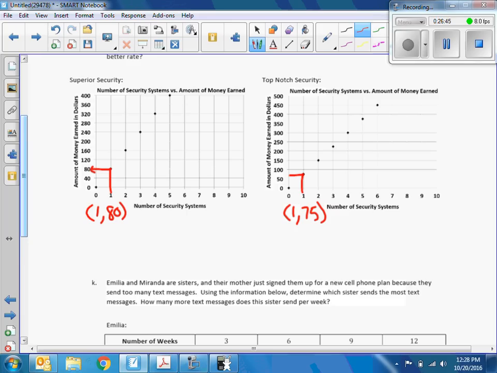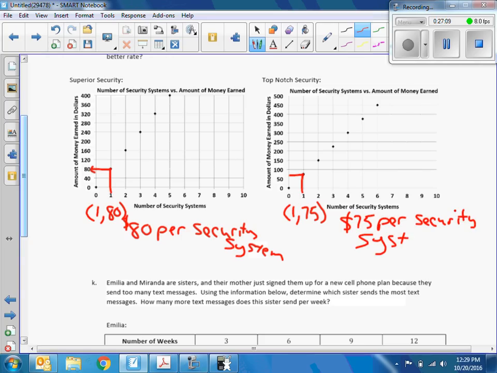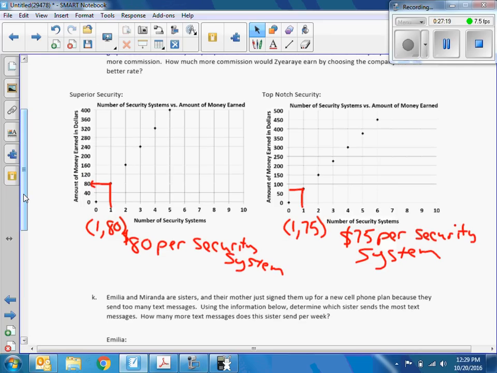So number of security systems, amount of money earned in dollars. This person makes $80 per security system. This person makes $75 per security system. Okay. Go back up, read the question.